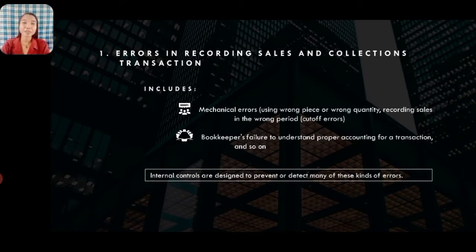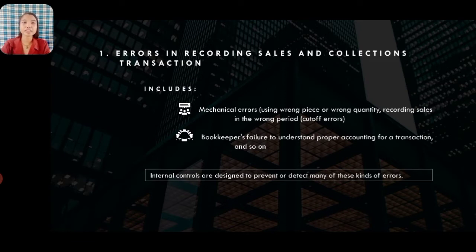Transactions within this year and transactions from the past 15 years cannot be combined. They cannot be recorded at the same time, because the transactions that occurred over the past 15 years were already recorded. If you record them again within this year, we will again have a mechanical error.